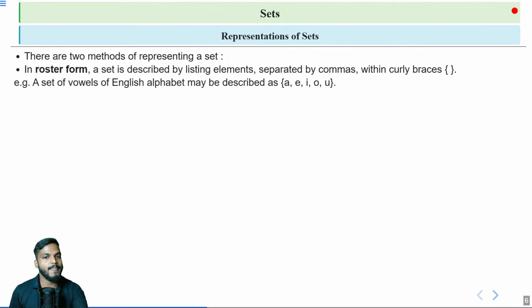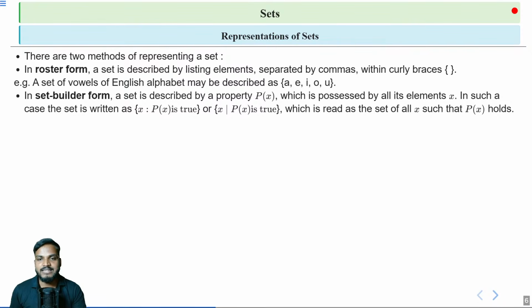For example, the set of vowels of the English alphabet in roster form is {a, e, i, o, u}. So these a, e, i, o, u are the elements of the set, listed and separated by commas within curly braces. This is roster form.